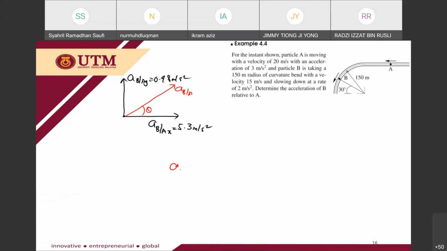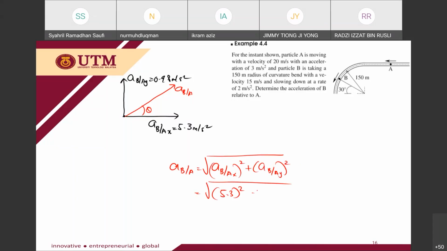So acceleration of B relative to A is equal to the square root of acceleration of B relative to A along x squared plus acceleration of B relative to A along y squared. So here you have 5.3 squared plus 0.98 squared. Then you get your acceleration of B relative to A.